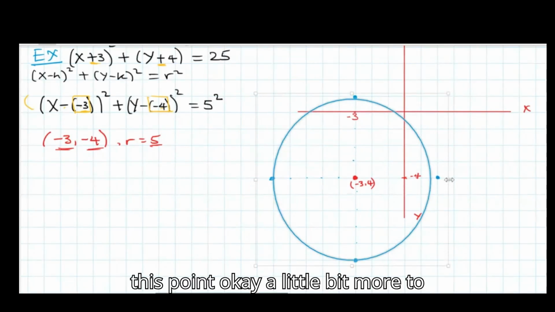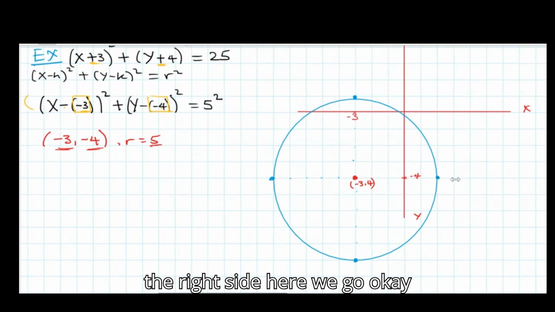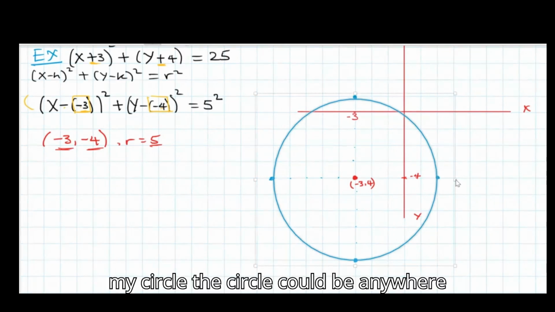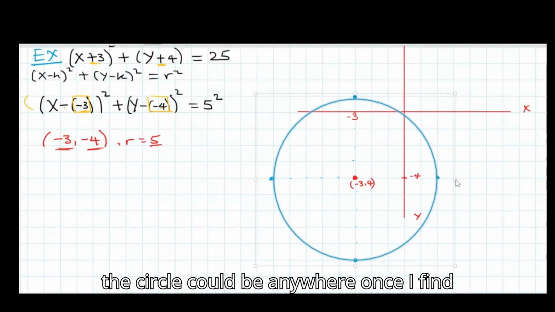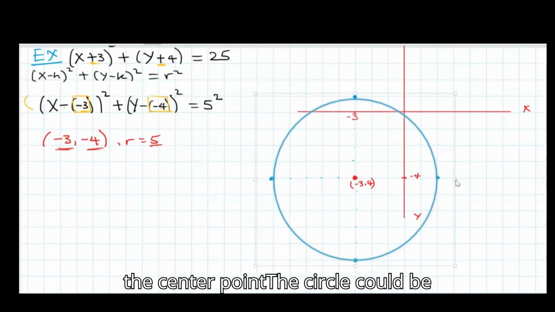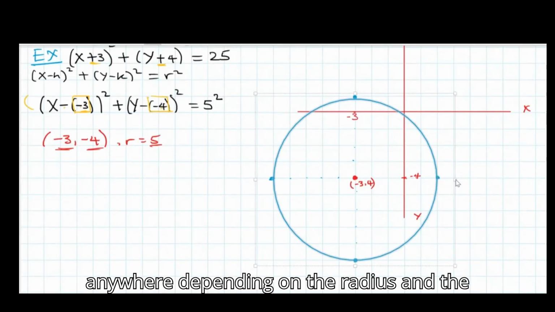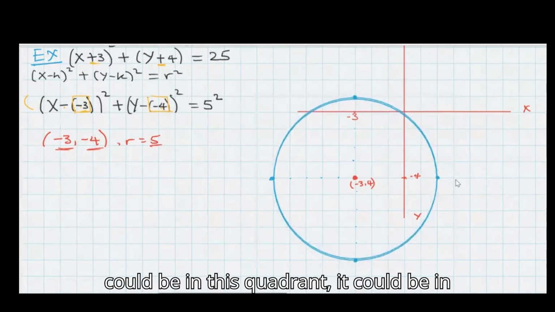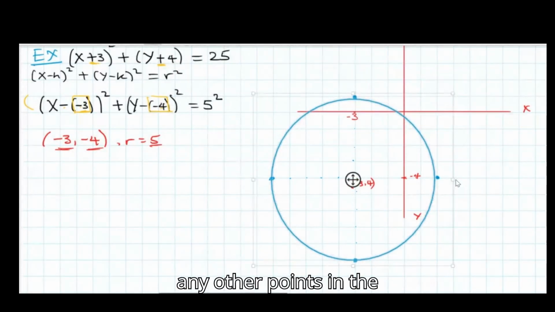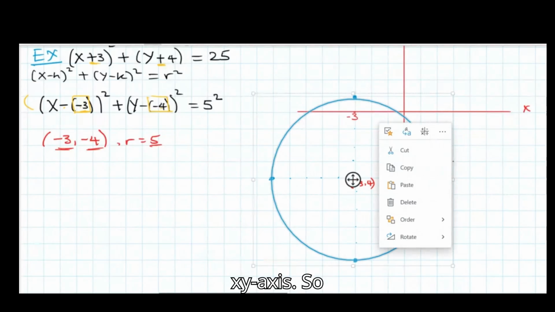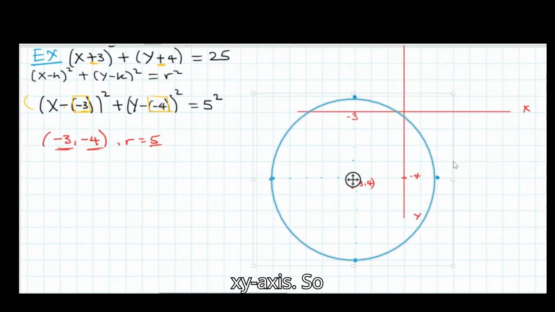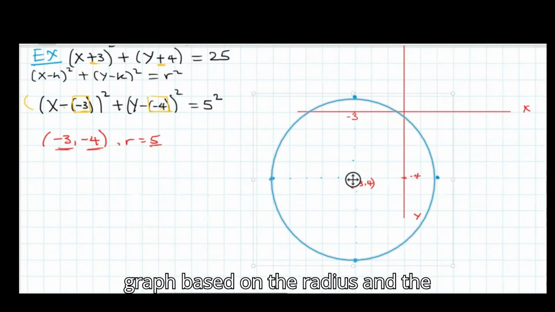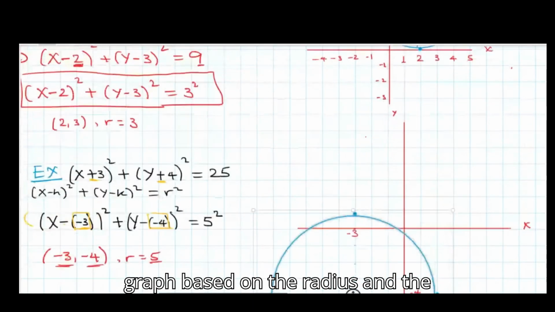Here we go. So this is my circle. The circle could be anywhere. Once I find the center point, the circle could be anywhere depending on the radius and the center point, because the center point could be in this quadrant or any other point on the XY axis. So that's how you sketch your graph based on the radius and the center point.